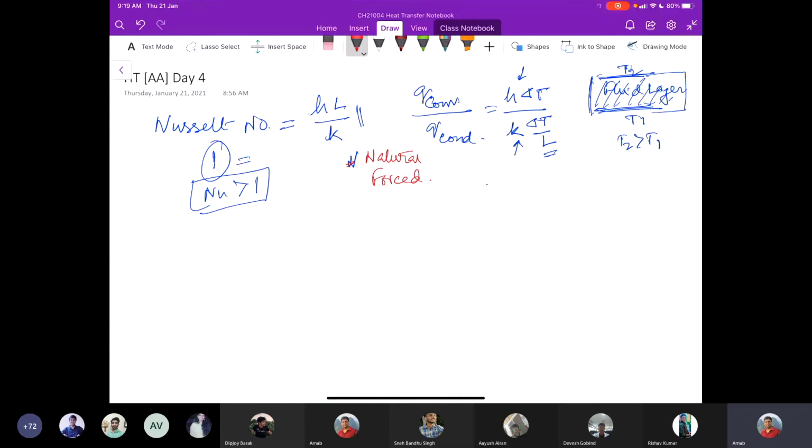So those are forced convection, where we force the adjacent air near the hotter surface to go away, so that fresh air of a lower temperature can quickly come in and lower the surface temperature.